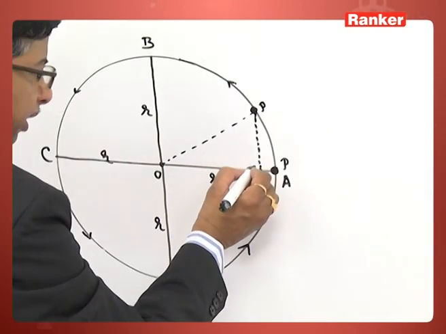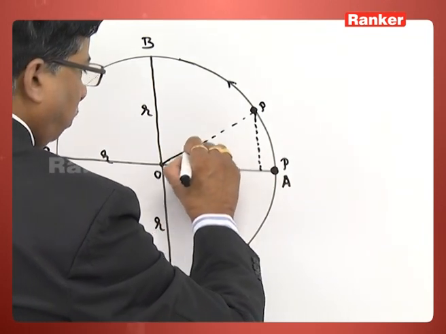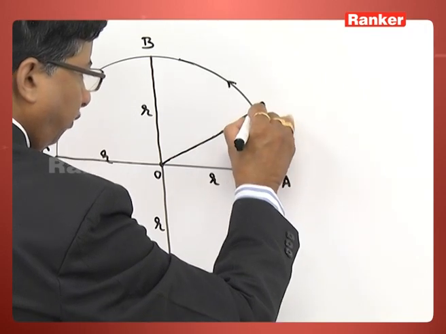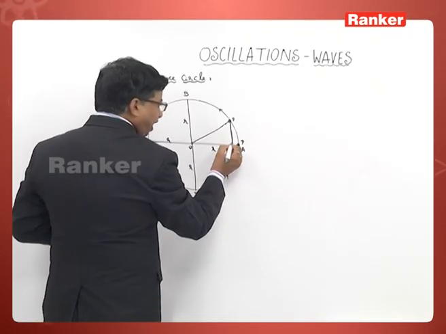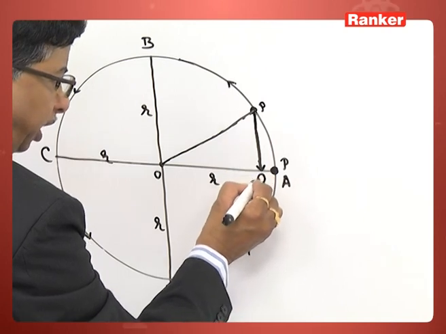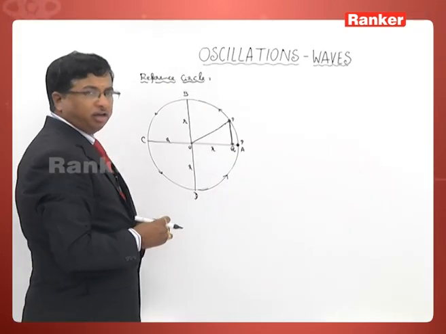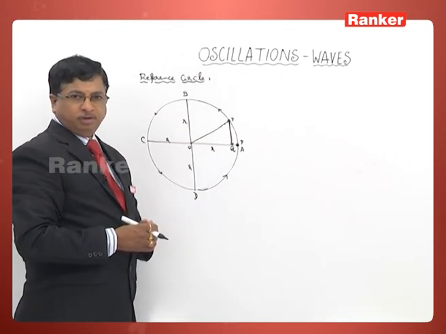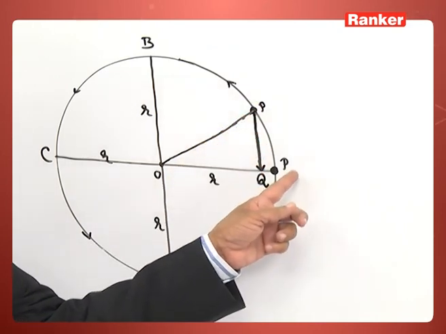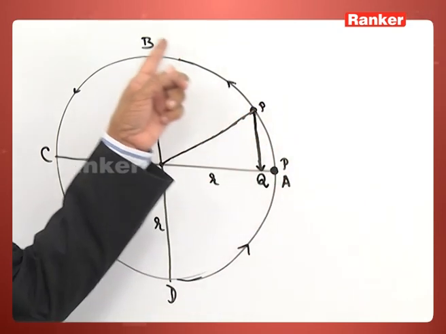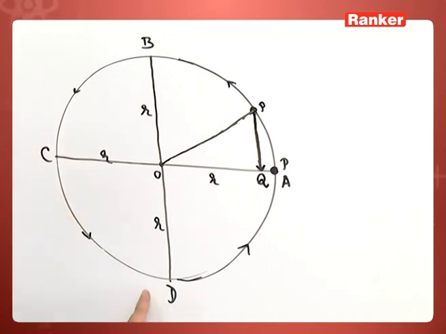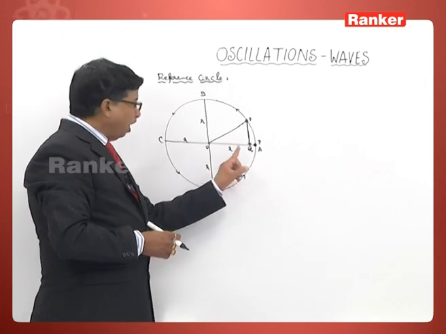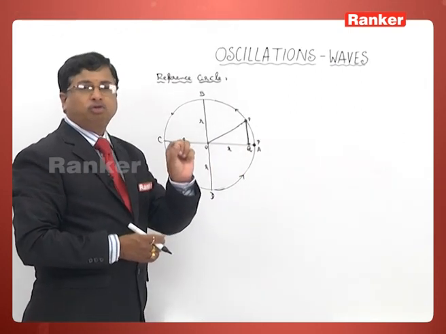This is now the perpendicular drawn from the point P. I name this particular point as Q, which I call the foot of the perpendicular drawn from P. So, when P starts from A, moves to B, then to C, then to D, and back to A, in one complete rotation, you just concentrate on how this point Q is going to move.